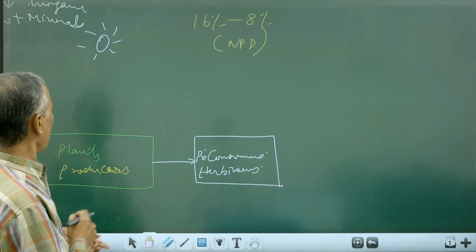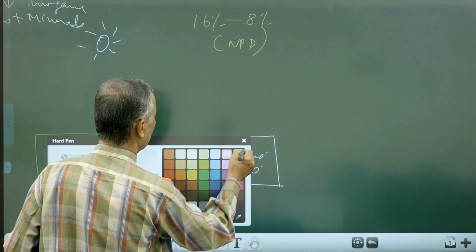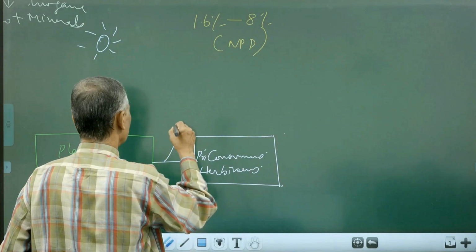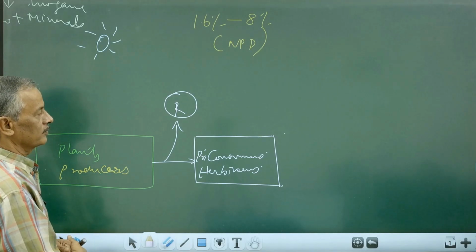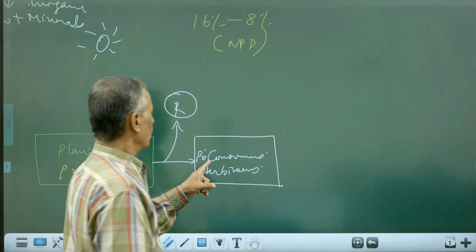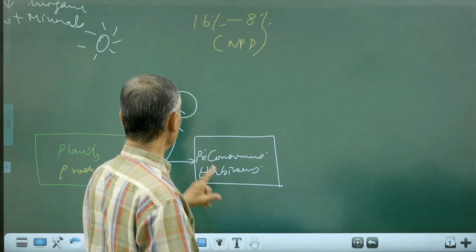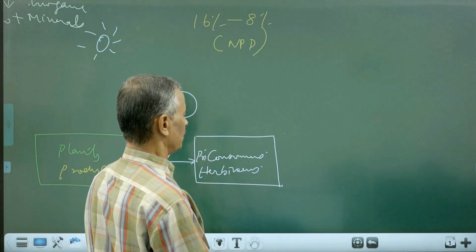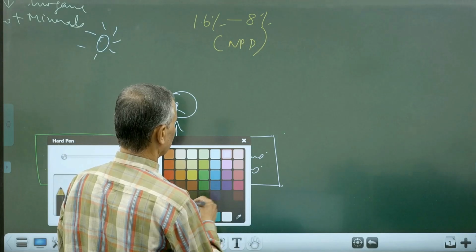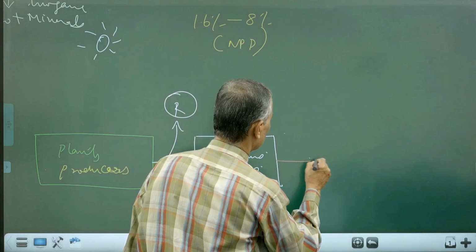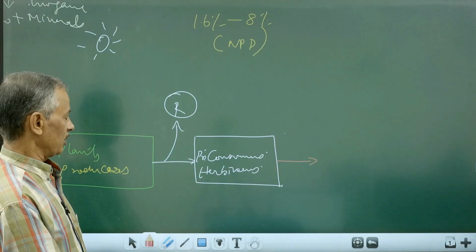Herbivores are not getting all the energy because most of the energy will be utilized by the plants for their own respiratory activities. So, primary consumers, which are the herbivores, will get some amount of energy. They will use that energy for their own activities and they will store the remaining energy in the form of biomass in their body.